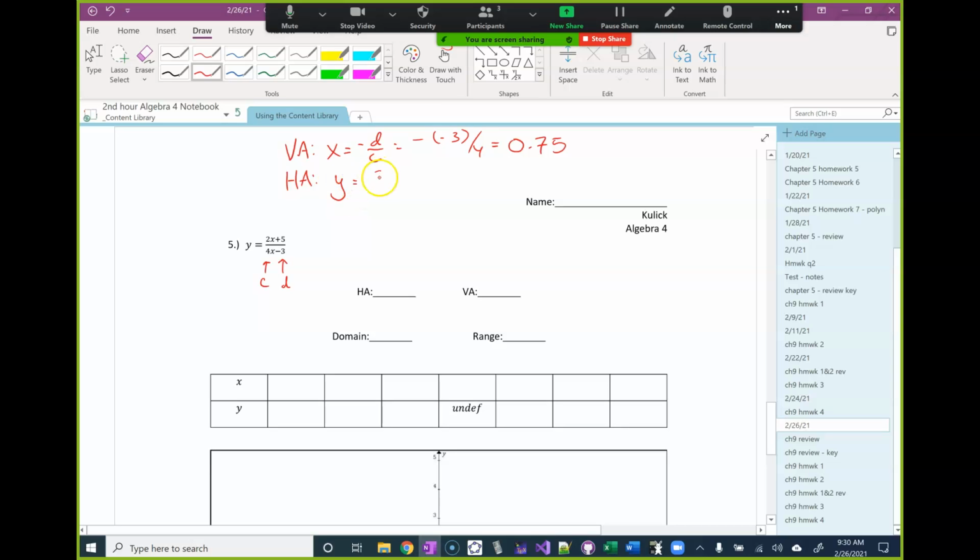The horizontal asymptote is a over c, so the a in this case is 2. The horizontal asymptote is 5. And so my domain is everything except the vertical asymptote, and my range is everything except the horizontal asymptote.